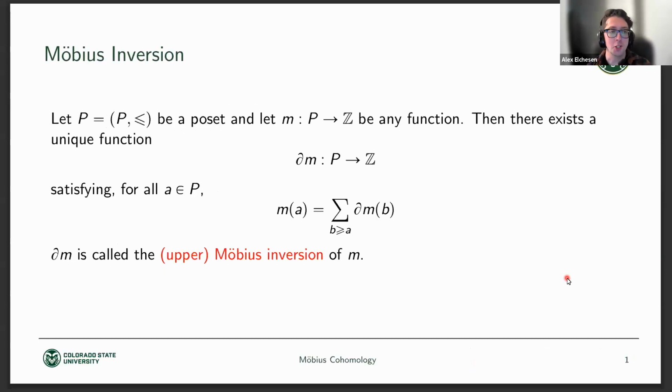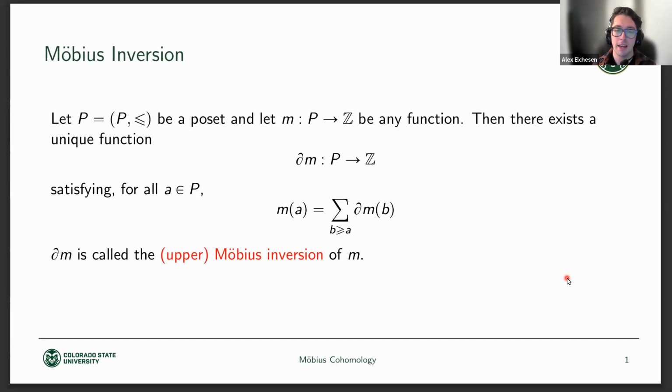Okay, so Möbius inversion. Suppose you have a poset and you have an integer valued function m on that poset. Then the Möbius inversion of m is another function, partial m, which satisfies the following.